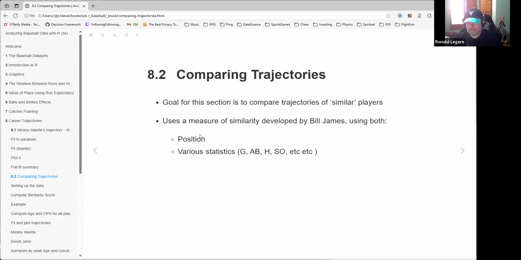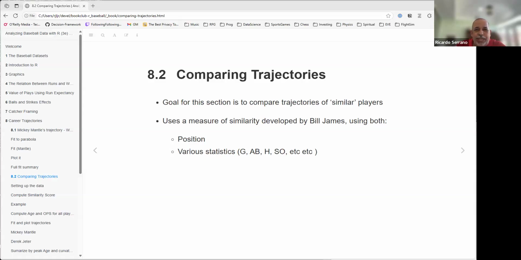I remember that one was following Mantle's trajectory, and one of the things that I didn't know about him is that he usually played with injuries. He had a lot of injuries in his joints, muscles, and all that, and that was not very well known by the public.